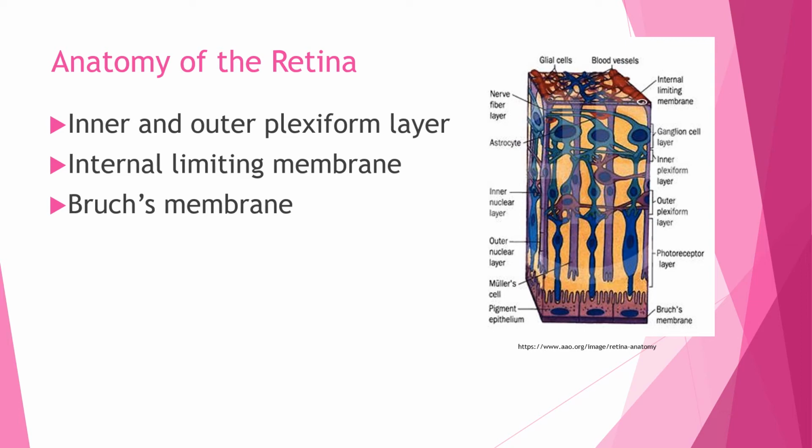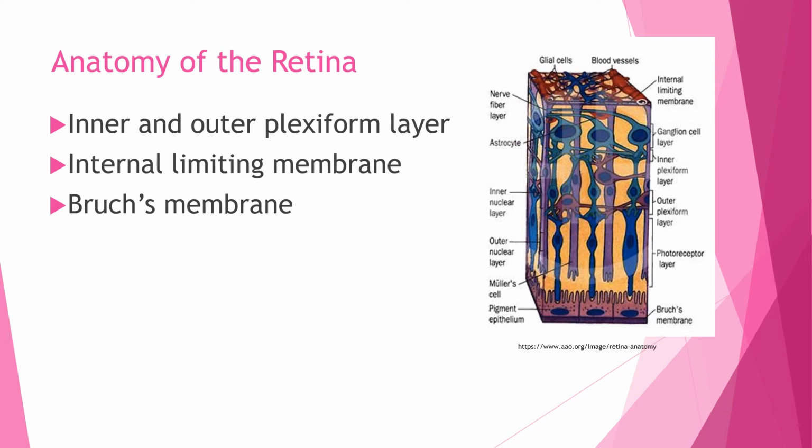The internal limiting membrane interacts with the vitreous of the eye. Therefore, you can assume that the internal limiting membrane is the innermost layer of the retina itself. This layer is made up of collagen fibers, glycosaminoglycans, laminin, and fibronectin.